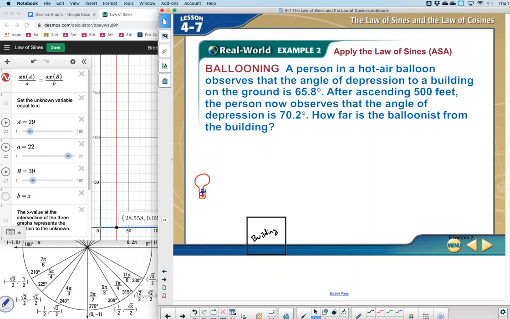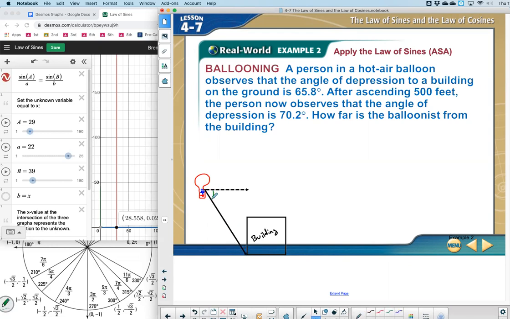They look out, and from the way they look out, they notice that the angle to the building, and I don't think it says if it's the base of the building, top of the building, or whatever, is 65.8 degrees. So to make it 65.8, I'm going to go to the base of the building. I think that's more accurate.